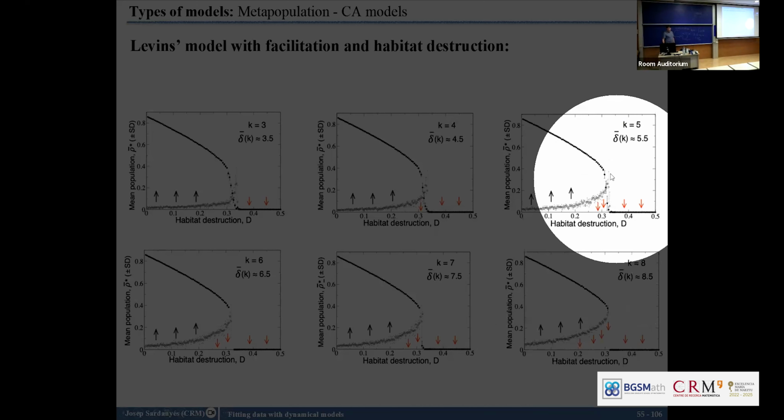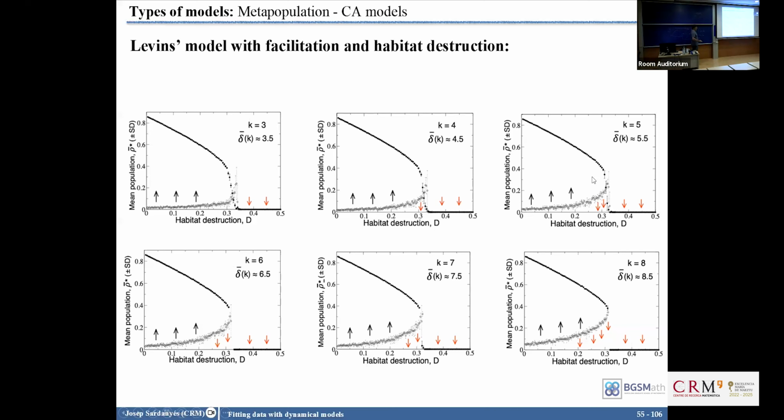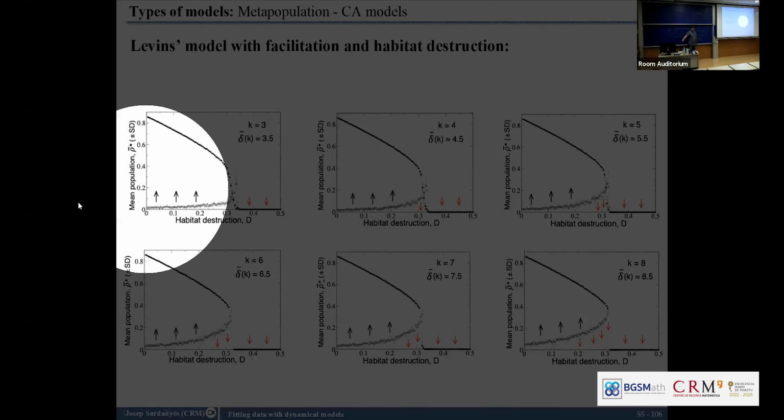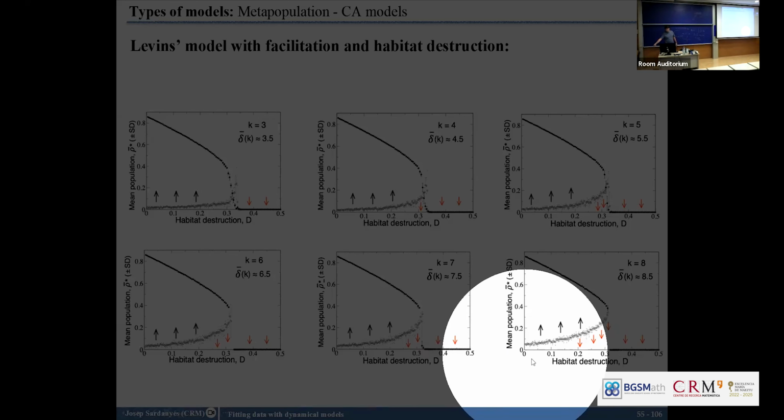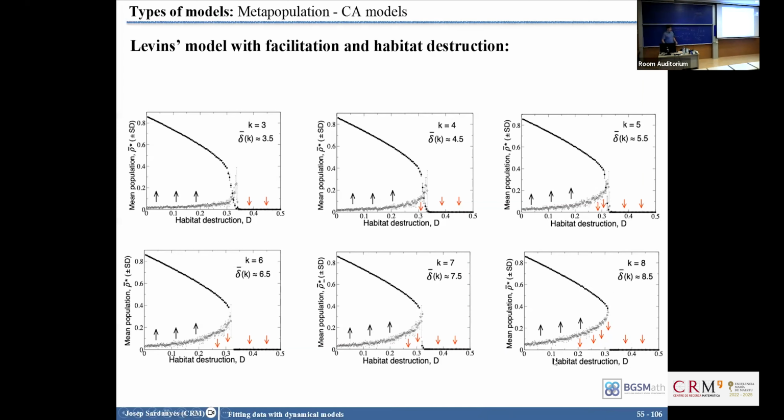So how did I compute the unstable branch with the automata? Very easy. You fix the value of D. For example, here, this one. Imagine you fix the value of D to 0.1, then you make a program, and you investigate different initial conditions. You increase the initial conditions.